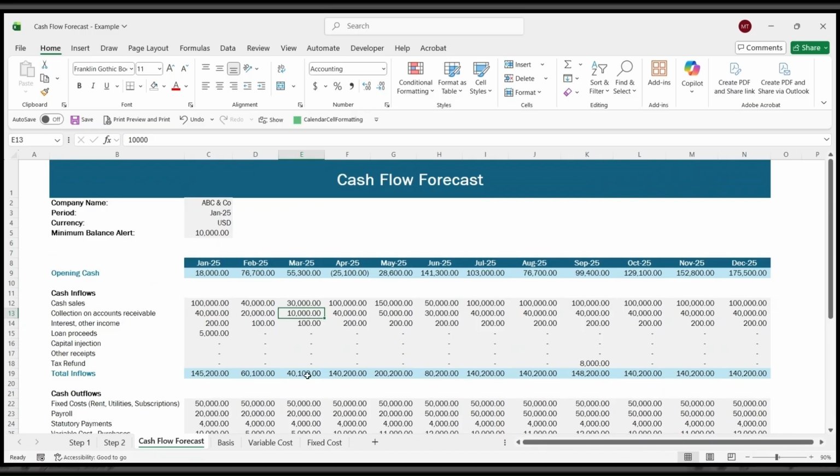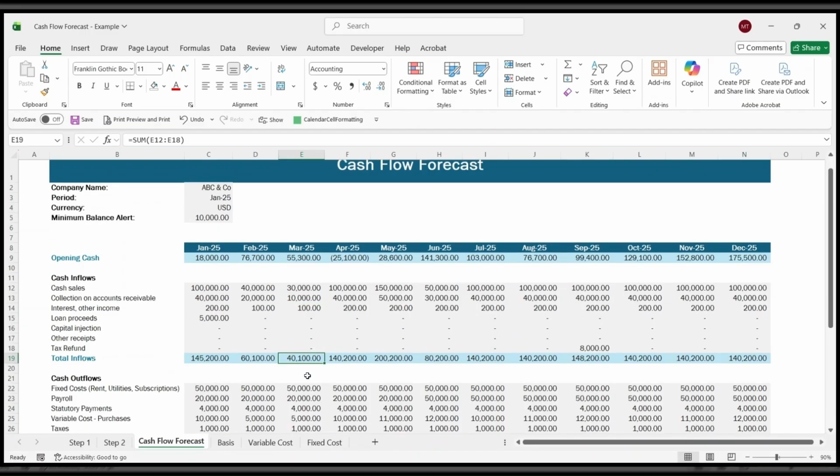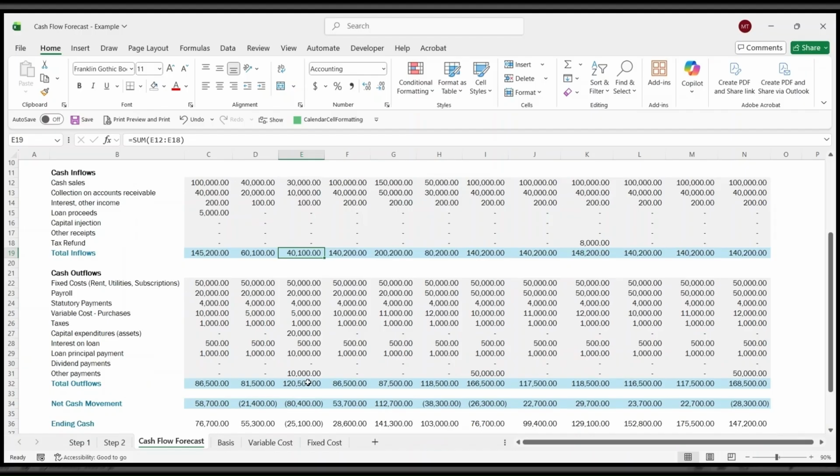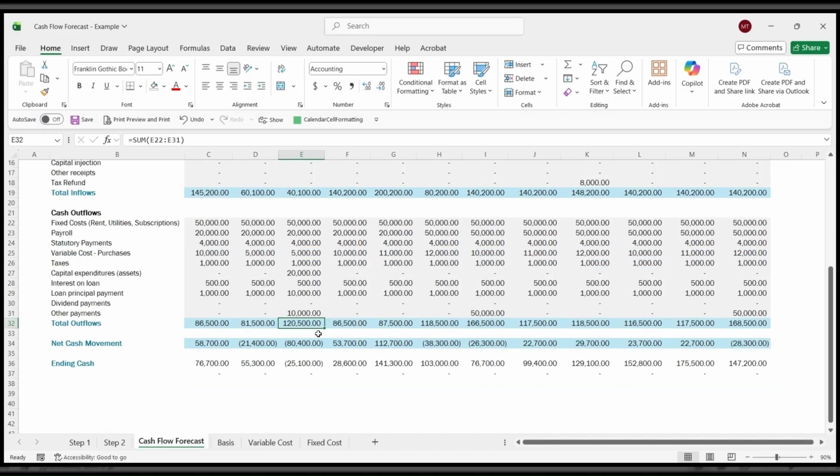In that month, in addition to our regular payments, we also expect to spend to purchase machineries which costs $20,000 and we have other additional expenses of $10,000. The total outflow is $120,000. Thus, the net cash movement would be a negative $80,000, indicating lesser inflow to cover for the outflows.